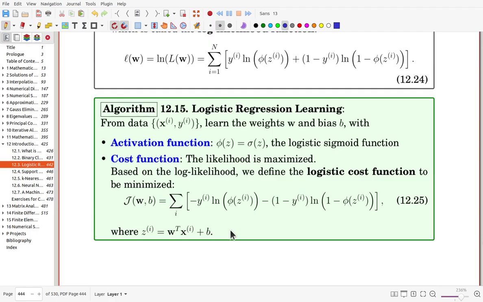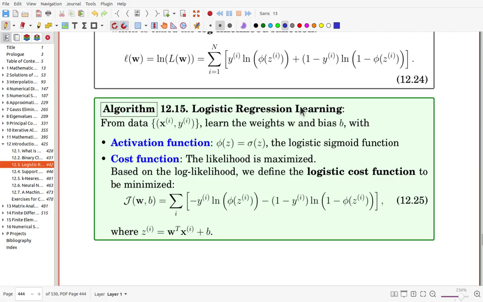Here we have the logistic regression learning algorithm. From the data set, we have to learn the weights and the bias. The activation function is the logistic sigmoid function, and the cost function is the maximization of the likelihood, in fact the log likelihood, which is equivalent to minimizing this logistic cost function.